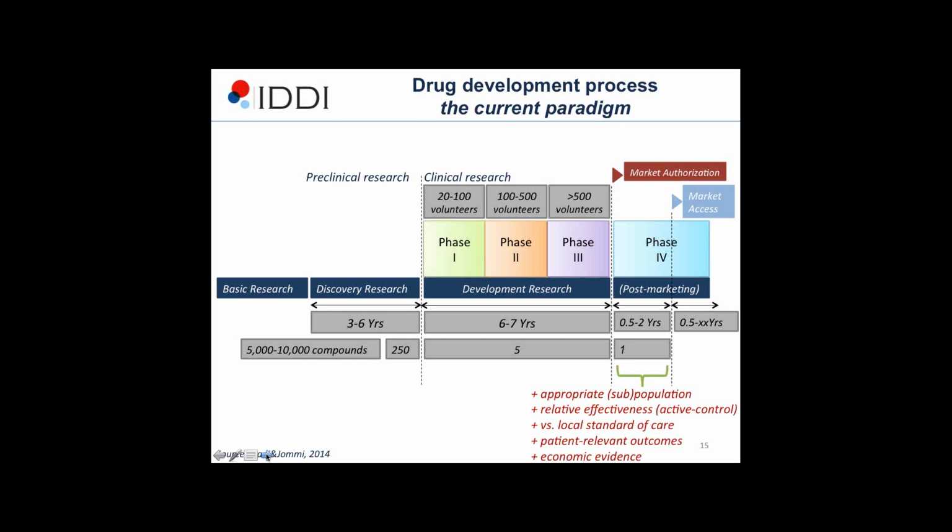Also, the type of outcomes considered should be final patient-relevant outcomes, that is, outcomes that reflect how patients feel, function, or survive, rather than surrogate or intermediate outcomes. And this type of clinical data may go beyond what is required for market authorization, thus creating an evidence gap between the regulatory and the reimbursement submission.